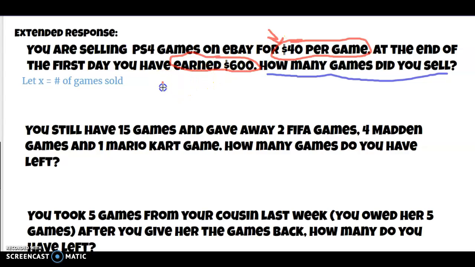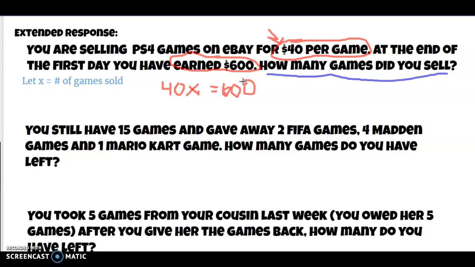So that's why the 40 goes with the variable x, because for every game I sell x, I earn $40. So it would be $40 times the number of games sold will give me my earnings, which is actually $600.